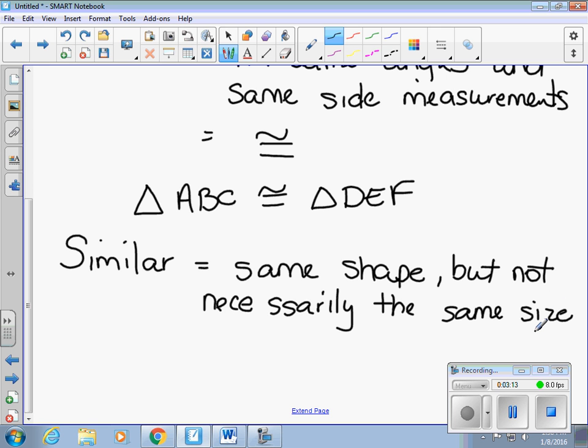So one might be larger than the other one. So kind of twins that are not identical.